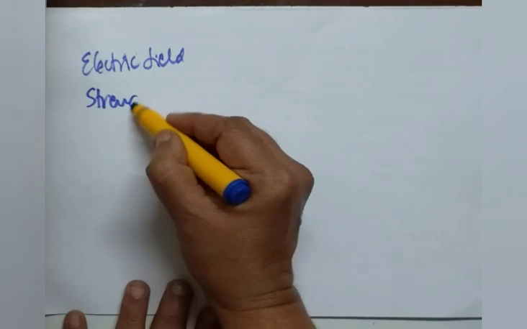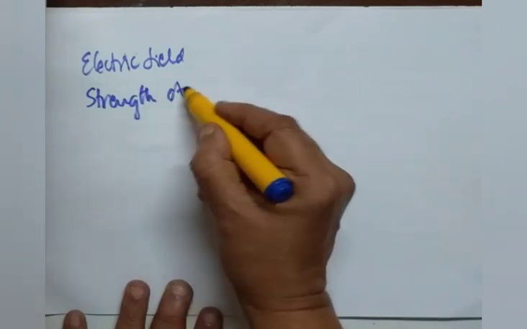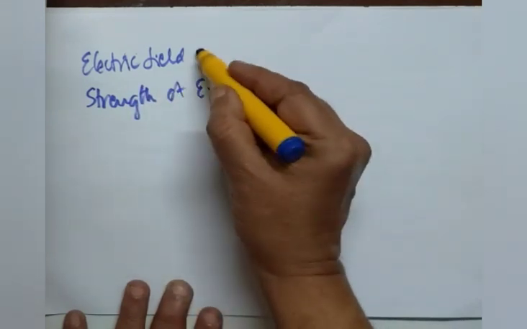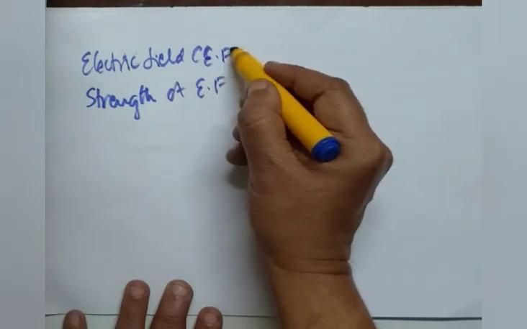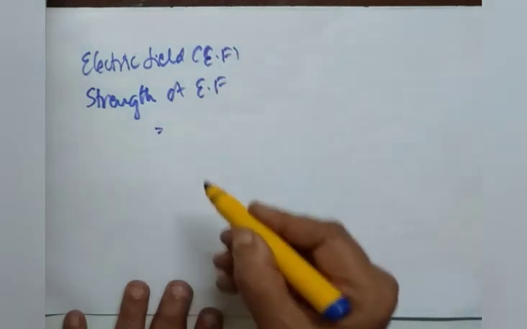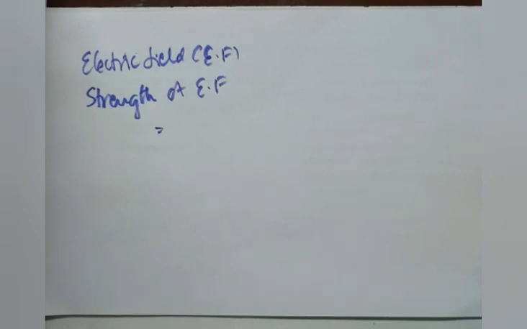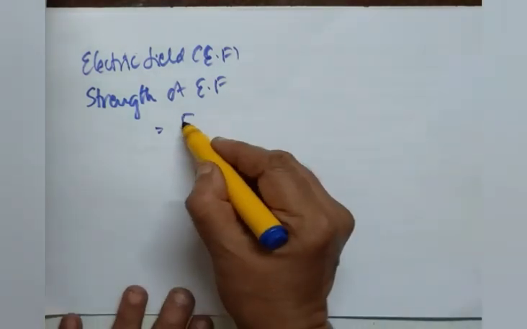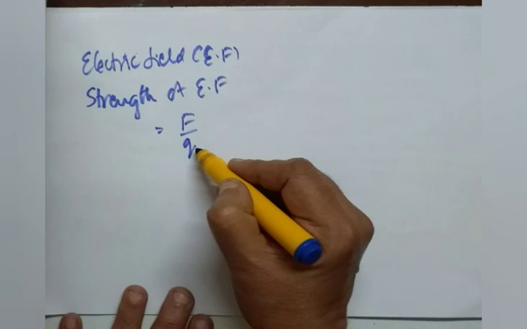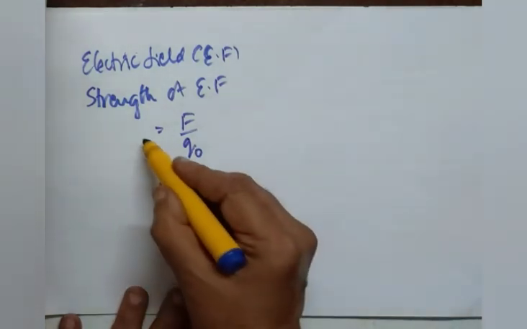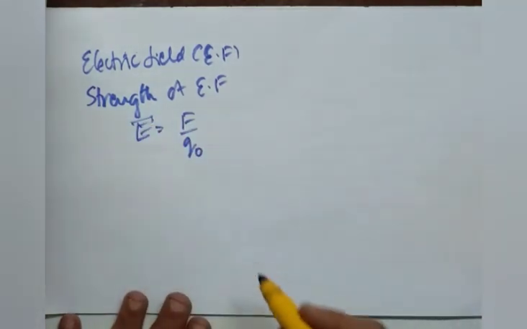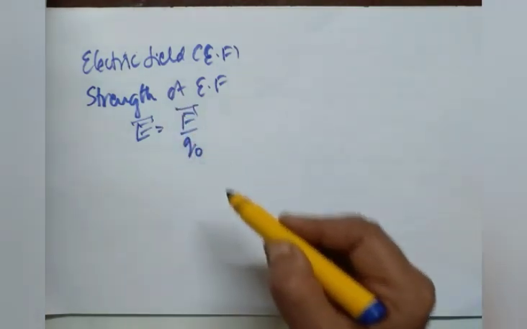That is also called electric field intensity. Strength of electric field, I write EF for short, as you know, is defined as force per unit charge. This is electric field intensity at a point. It is the force acting on unit charge.